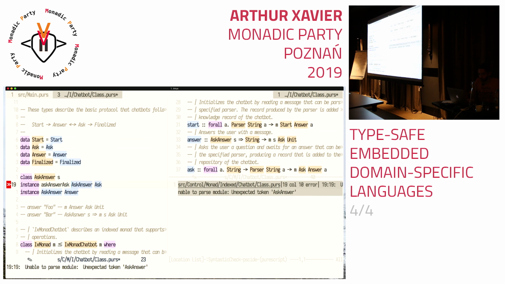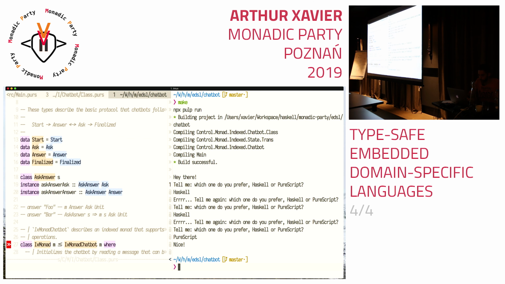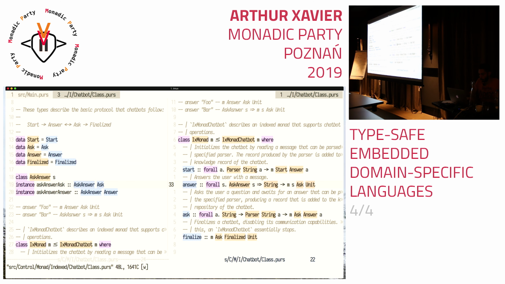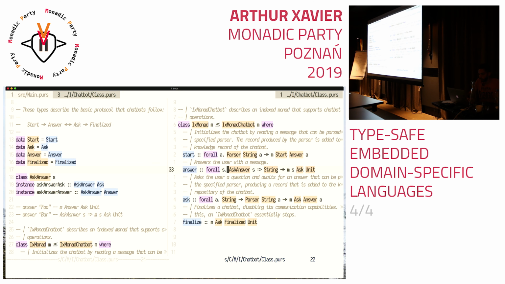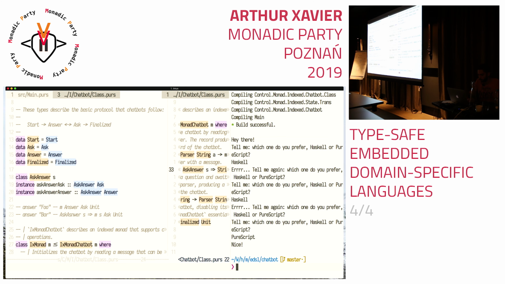So in PureScript we need named instances. We also need explicit foralls here too because this is PureScript. And yeah, it works in the definition, so I think it's also going to work in the remaining modules.